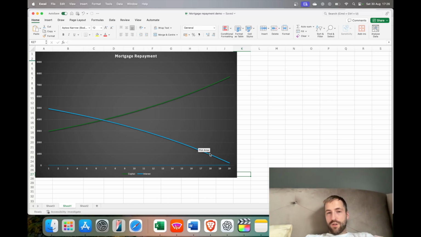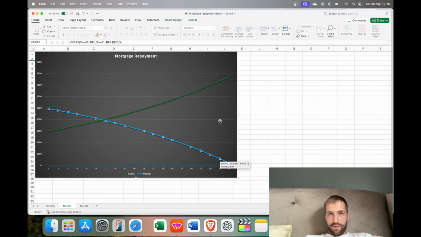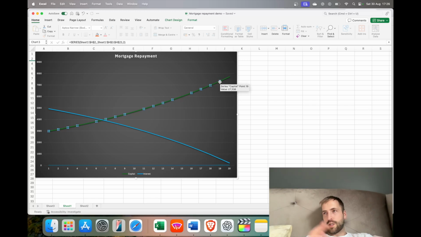And as you get to the end point of that graph, say year 19, you are paying about 7,300 a year towards the capital. So you are paying the majority, 90%, towards the capital. So from your £660, maybe 600 will be for capital and only 60 for interest.